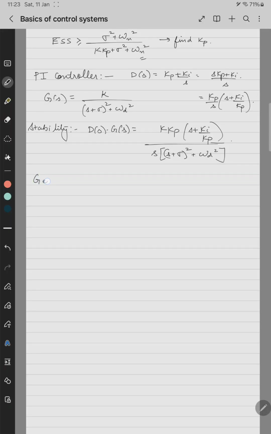Now the closed loop response G equivalent of S will be G into D by 1 plus GD, which is Kp into (S plus Ki by Kp), and in the denominator S into (S plus sigma) whole square plus omega D square plus Kp into (S plus Ki by Kp).